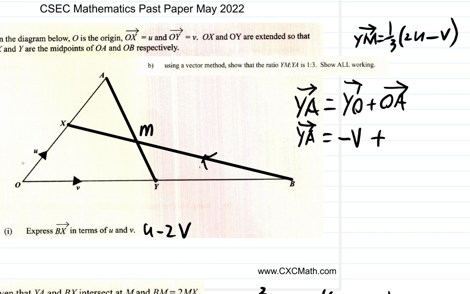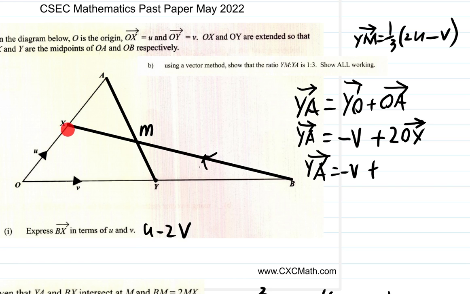Plus, now remember, from O to A is twice O to X. So it's 2OX. But then YA would be negative v plus, remember now, you're looking at OA, which is 2OX.